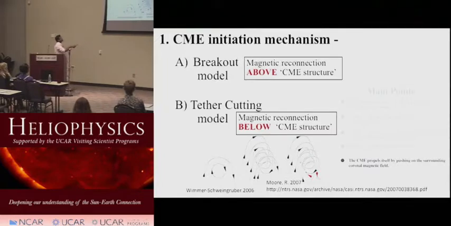And the tether cutting model is talking predominantly about reconnection happening below, and so that's at this location down here. And in a 2D schematic, that becomes difficult to visualize. In 3D, you can visualize it, and you can understand how this is actually happening. And so this is an example of the tether cutting happening below, but in 3D. So if you see, what actually happens is these two bits can connect.